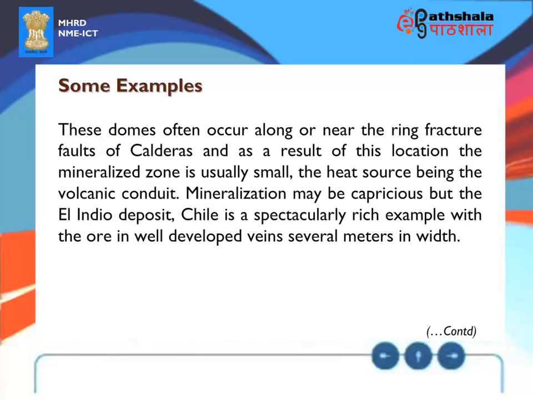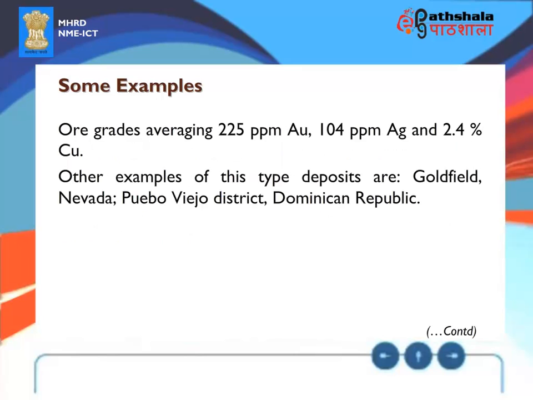Mineralization may be capricious, but the El Indio deposit, Chile, is a spectacularly rich example with the ore in well-developed veins several meters in width. Ore grades averaging 225 ppm gold, 104 ppm silver, and 2.4% copper.